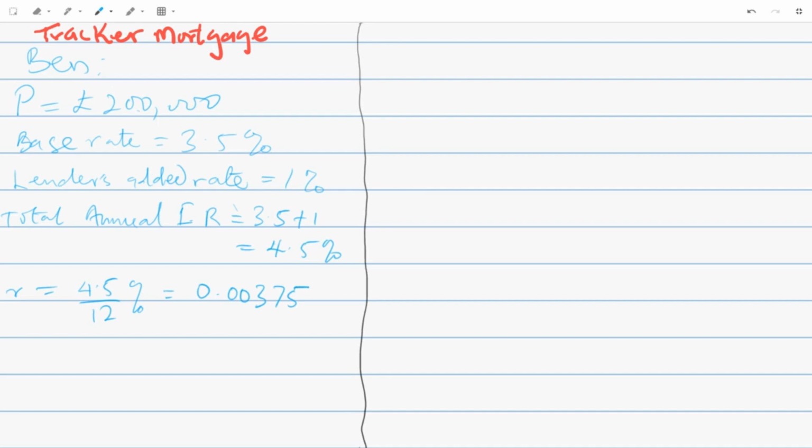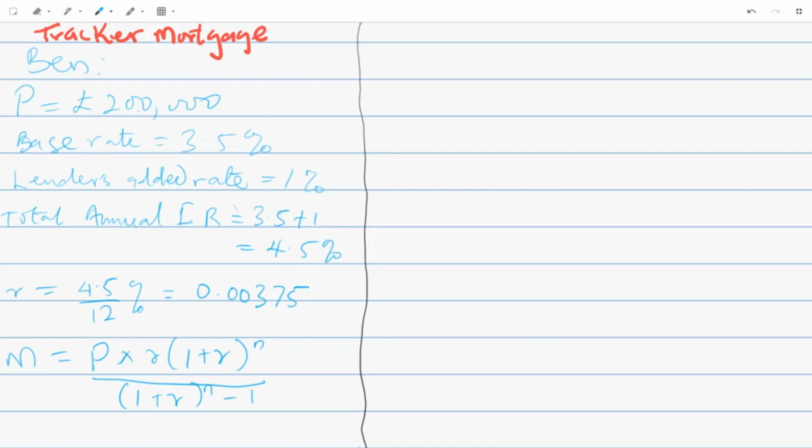Yeah, that's right. So that's what you should have approximately. Now, the actual formula for this mortgage as well is P times [1 plus r]^n over [1 plus r]^n minus 1.